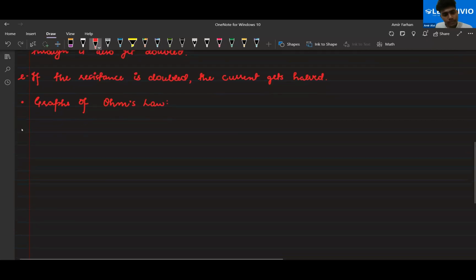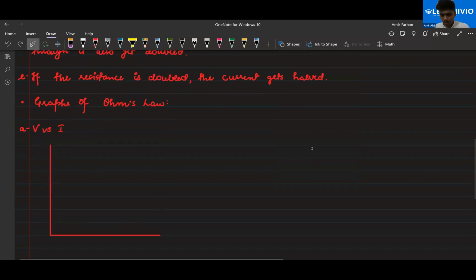Okay, so there are basically two graphs. This is the V versus I graph. Right.